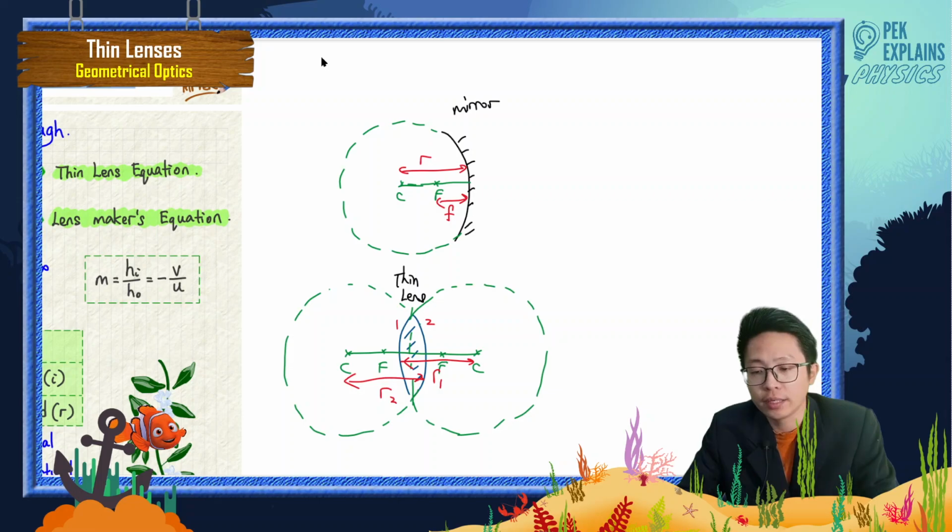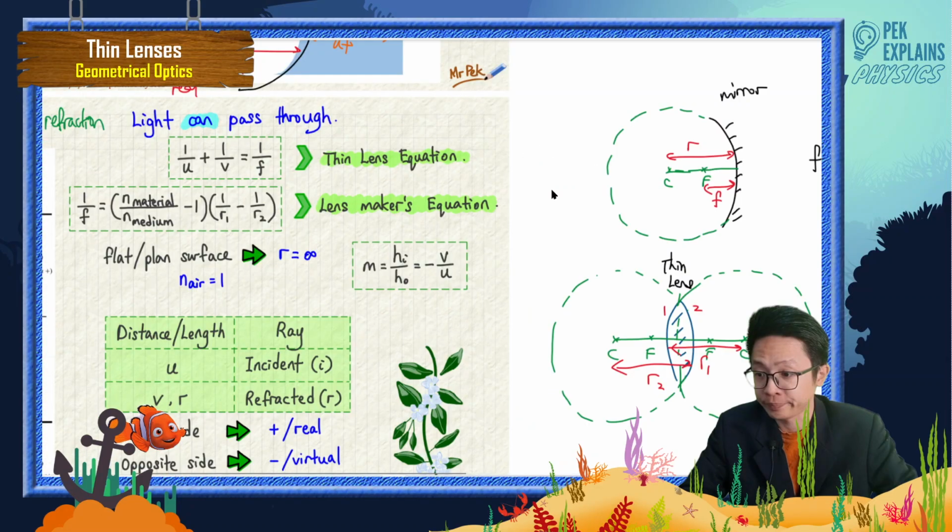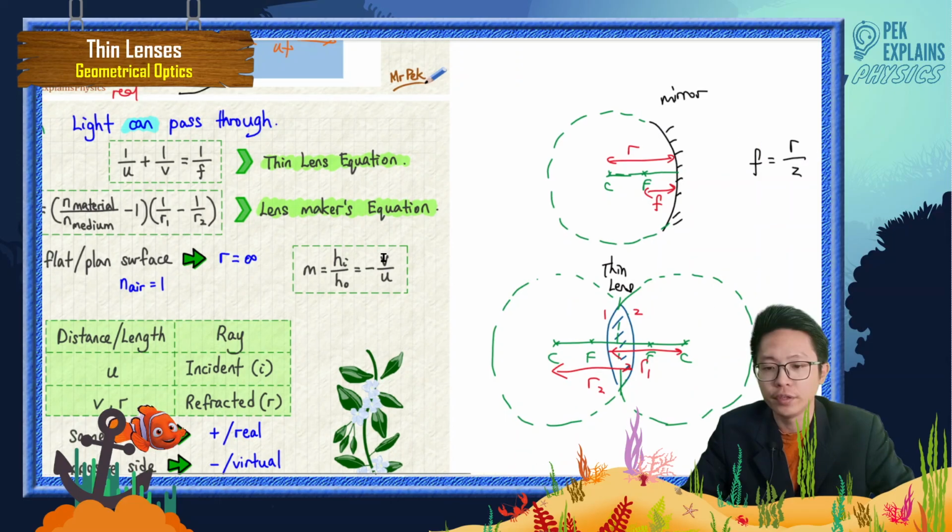For a mirror, it's very easy to find the focal length. We just use focal length equals radius divided by 2. But for a thin lens, because we have two radii, maybe the same or different, we cannot just divide the radius by 2 to find the focal length. We need to use the lens maker equation to find the focal length of the thin lens, which is this formula.